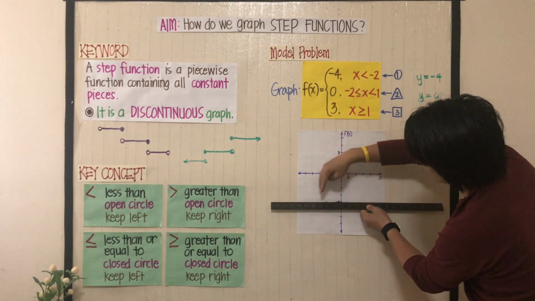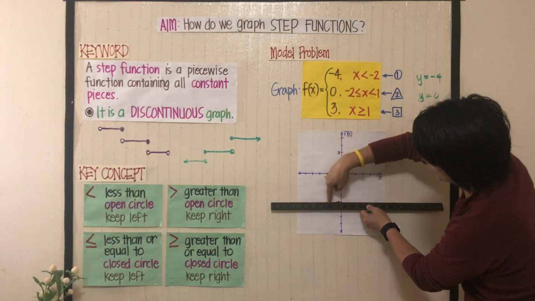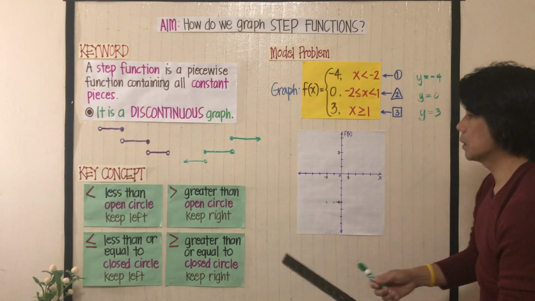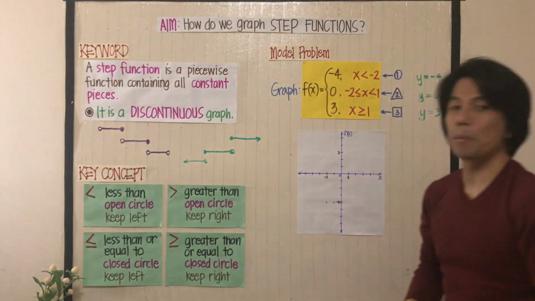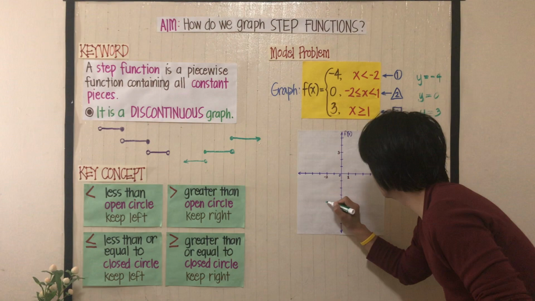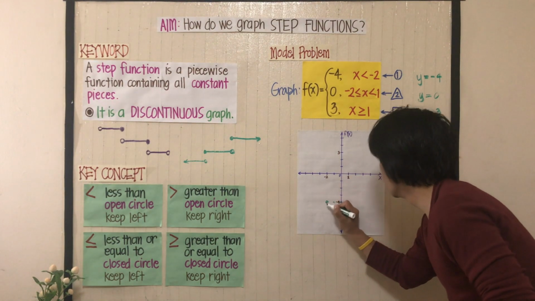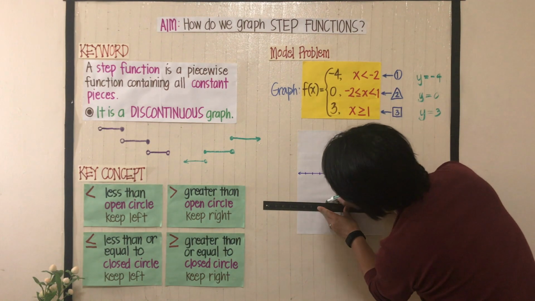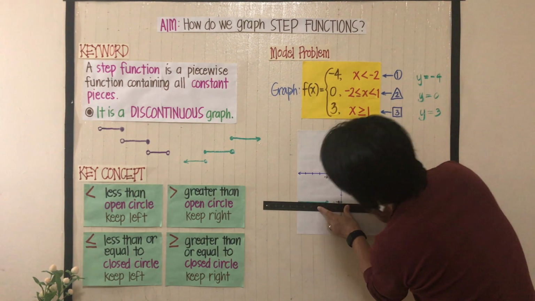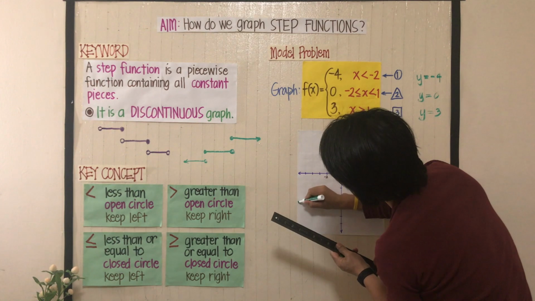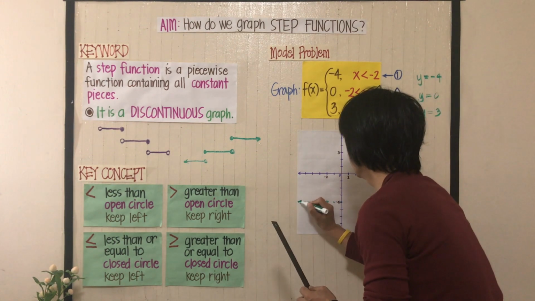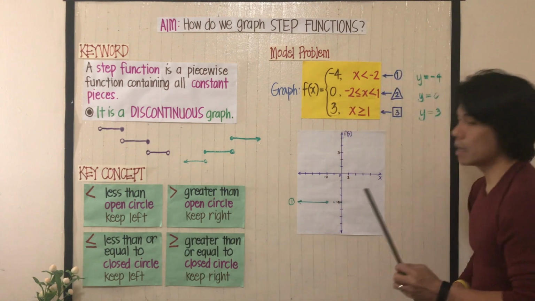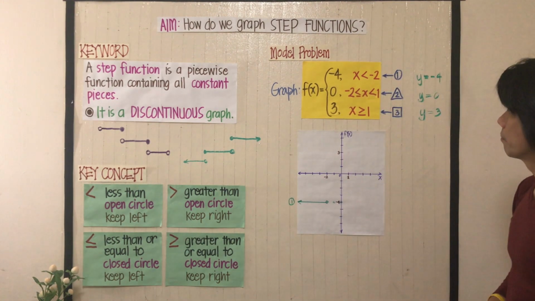From here, imagine you have a line. From here, you draw the line to the left. And what kind of circle? It says open circle. So let's put a big open circle, and then let's draw the line in that direction. And there you have it. This is your first part of the step function.